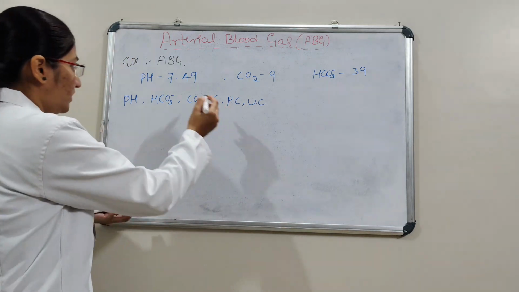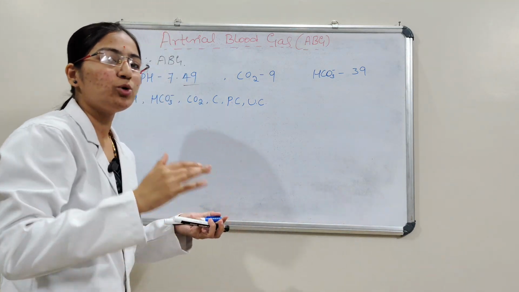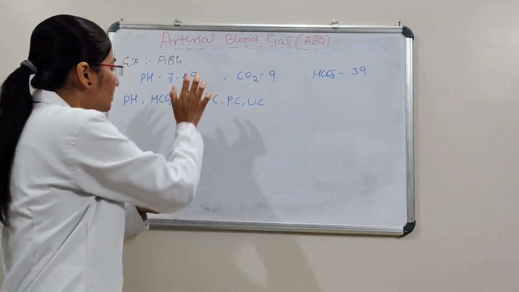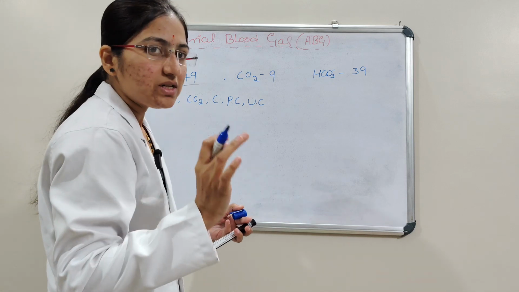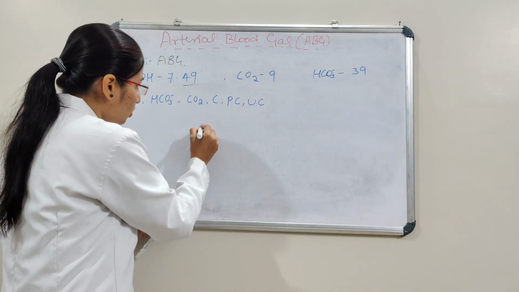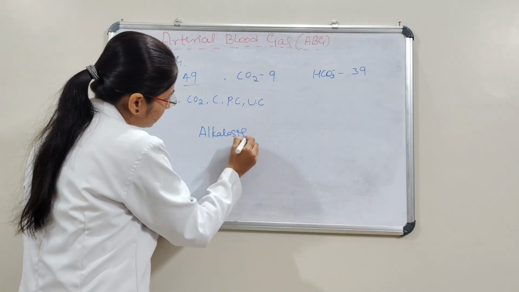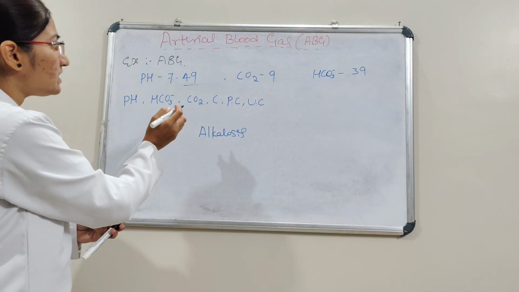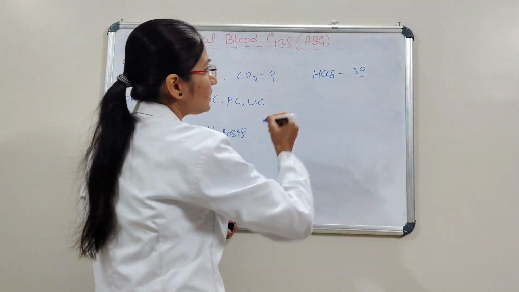Okay, we'll see here. What is the pH here? That is more than normal. 7.35 to 7.45 is our normal blood pH, but here it is increased. Increased means it indicates alkalosis. Next we'll see the HCO3.